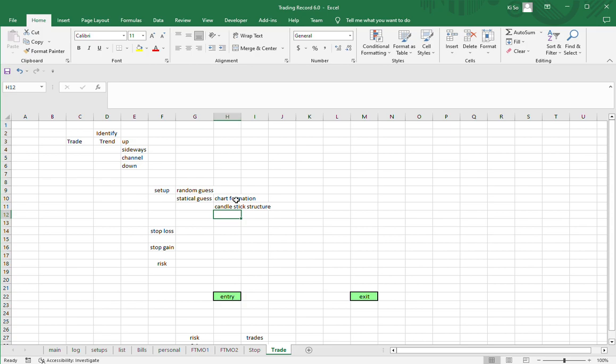So essentially, the setups are based on proven and known candlestick formations. And those formations are, for example, head and shoulders, the flag pattern, and the cup and handle.